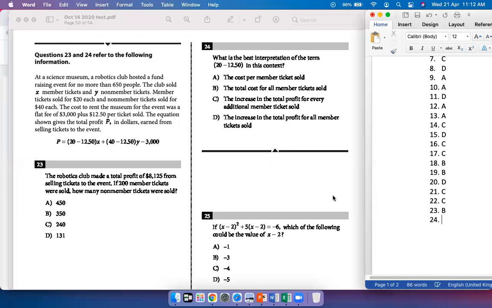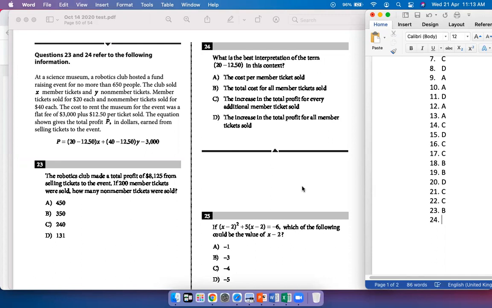Okay. What is the best interpretation of the term 20 minus 12.5 in this context? So 20 minus 12.5, as you can see, is the profit earned per member ticket, right? Because that multiplied by the number of member tickets X gives the profit from member tickets.